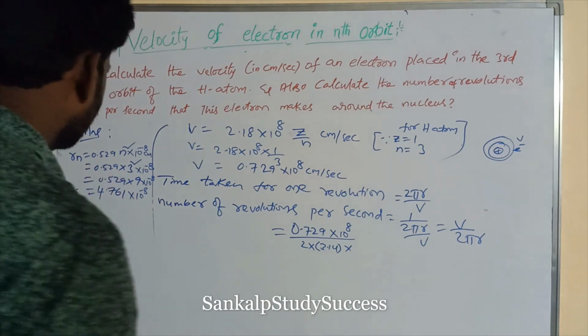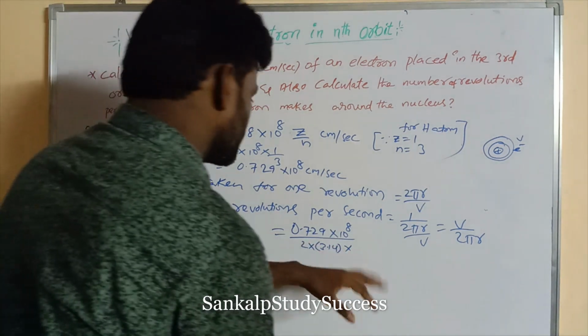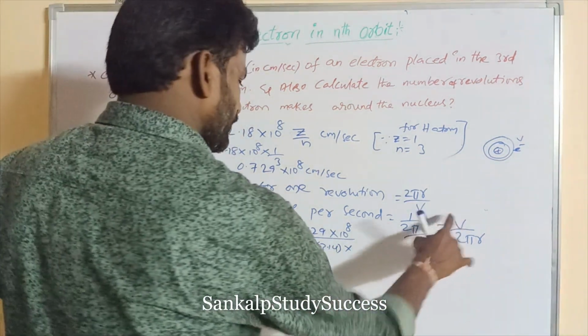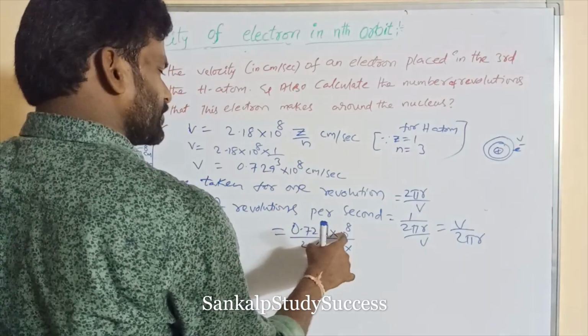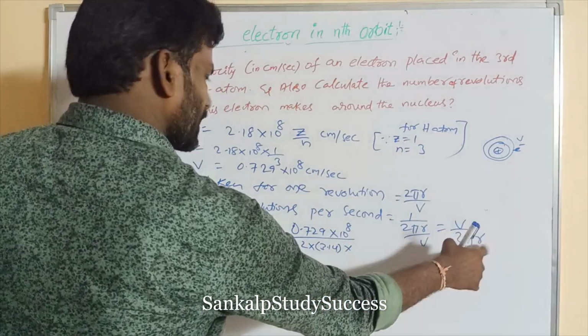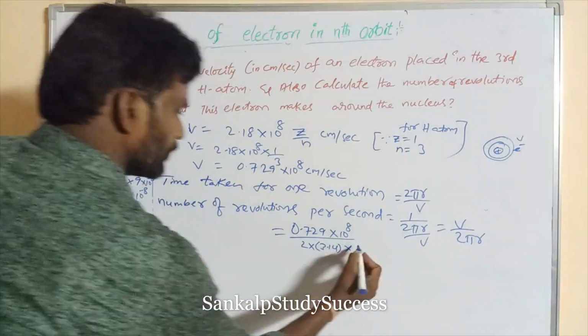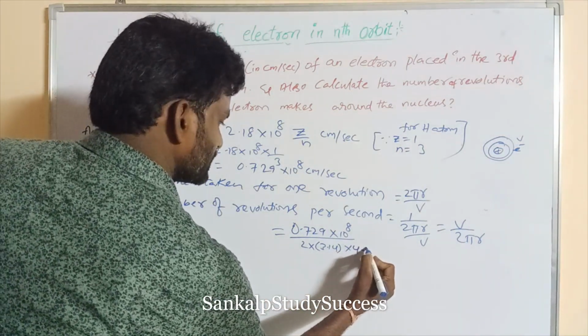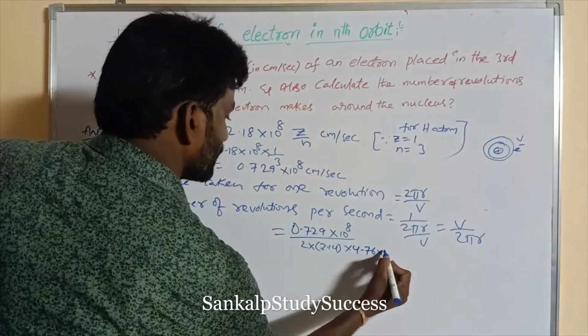Now this value is substituted in this equation. v = 0.729 × 10^8 divided by 2π × r, with r value 4.76 × 10^-8.